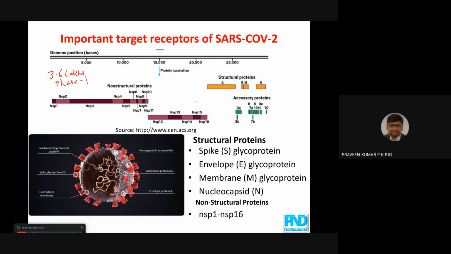SARS-CoV-2, because everyone, don't forget this SARS-CoV-2. So we can discuss that in SARS-CoV-2 we have structural proteins like the spike glycoprotein, envelope, membrane, and nucleocapsid. Everyone knows the spike glycoprotein, which is present on the surface, is the most important target.